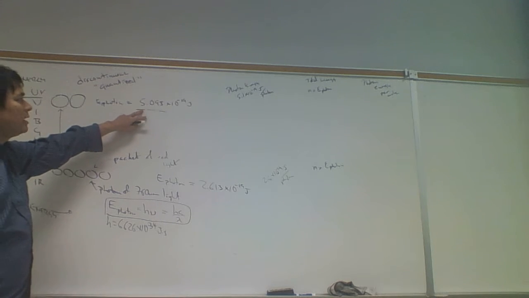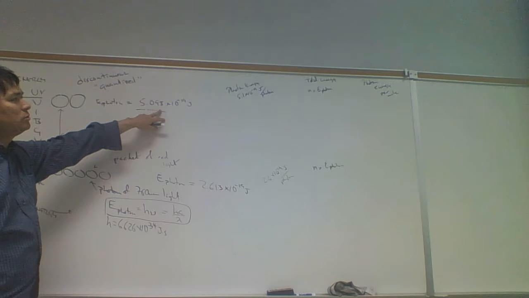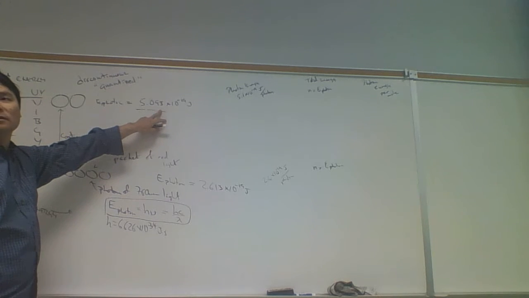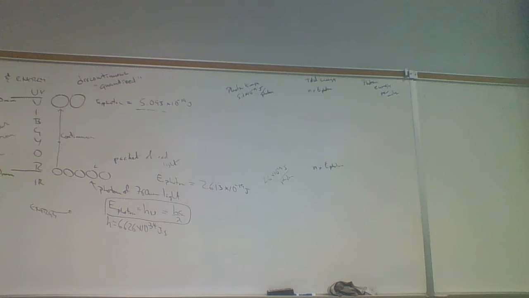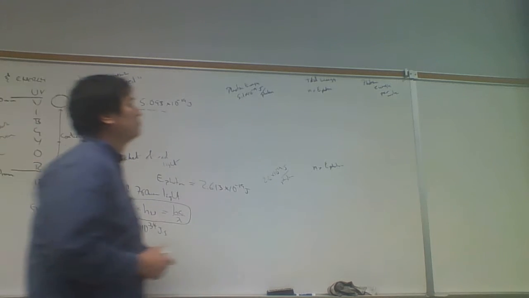Let's just say 5.093 times 10 to the minus 19 times 6.022 times 10 to the 23rd, we get what? 306.7 kilojoules per mole.